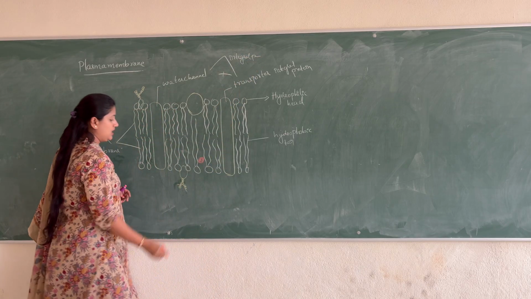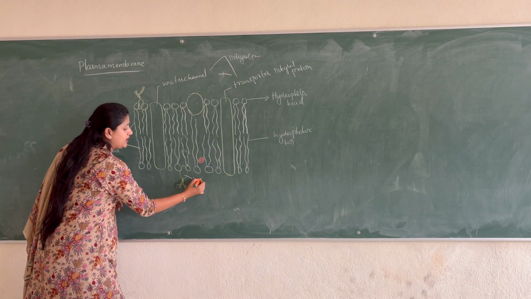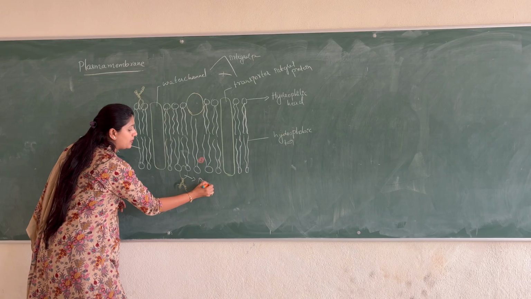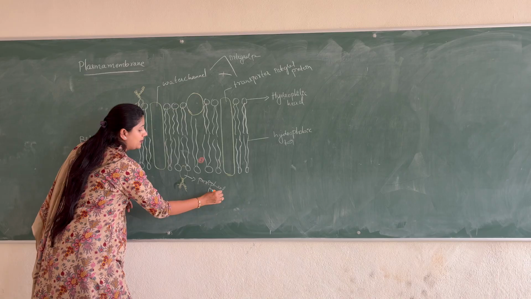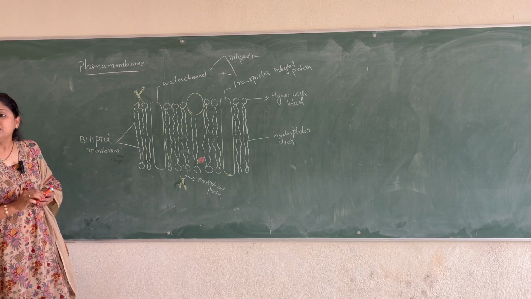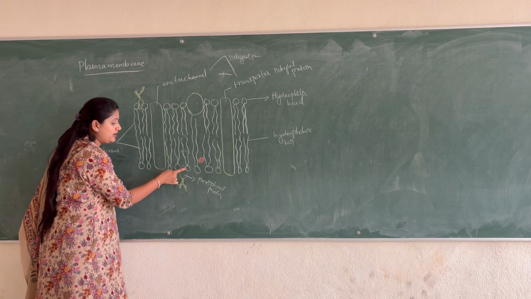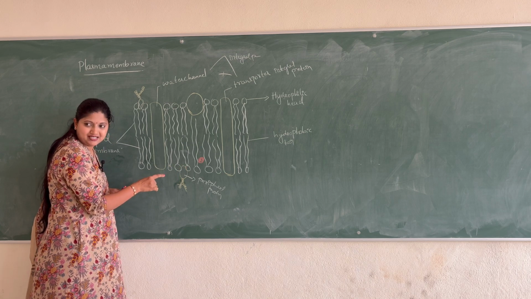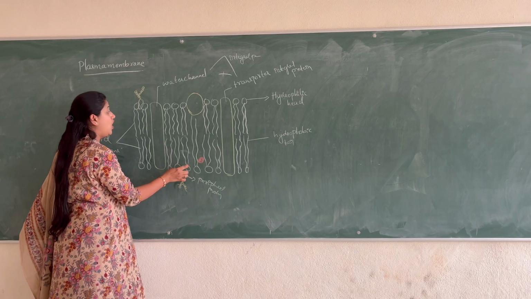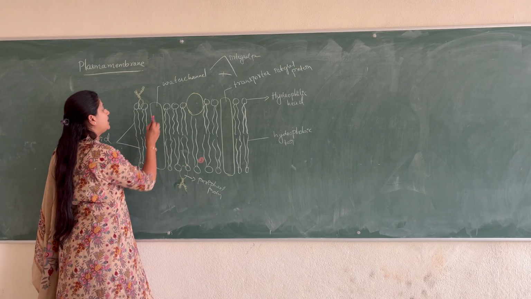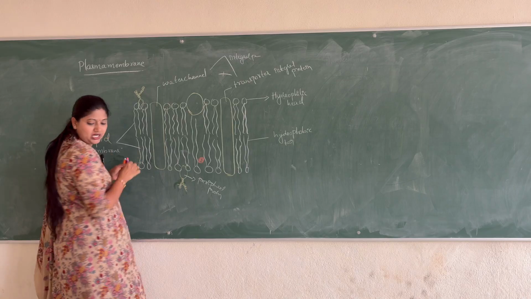Integral proteins. Now here, this is a peripheral protein. It can either be directly linked to the lipids like this, or it can be attached to the integral protein like this.